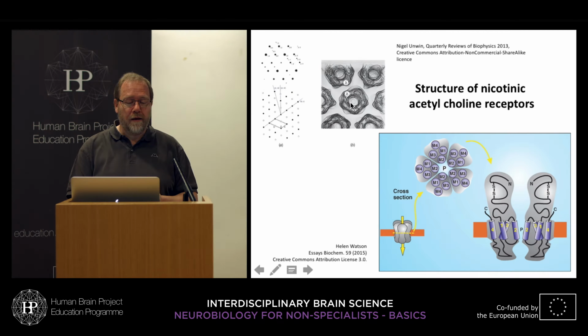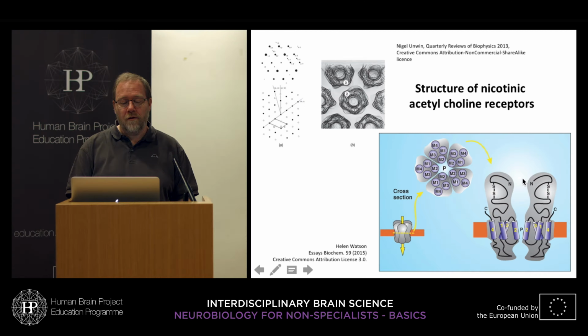And there would be a hole in the center here and a hole in the center here, which in the end means that we have 5 subunits, with each of them having 4 transmembrane spanning domains, M1 to M4, and M2 is basically forming this pore.